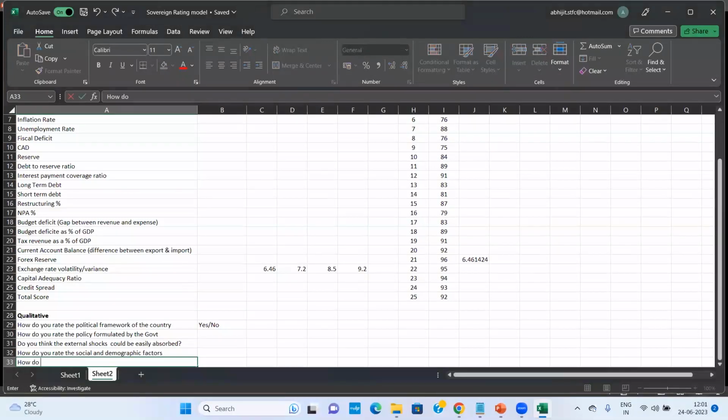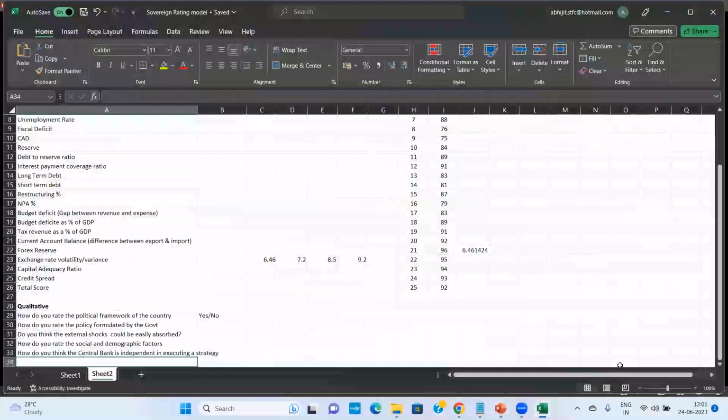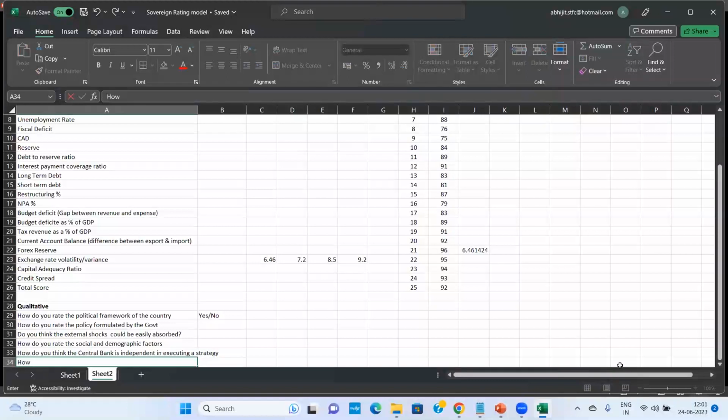How do you think the central bank is independent in executing a strategy? How do you rate the geopolitical scenario?